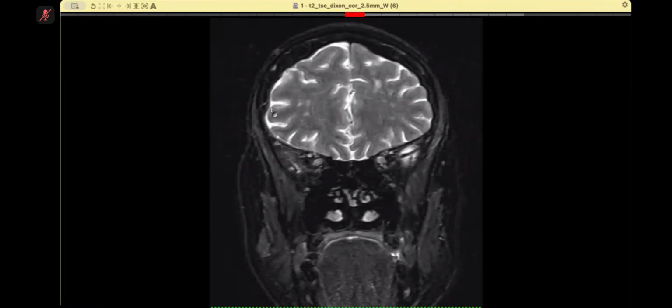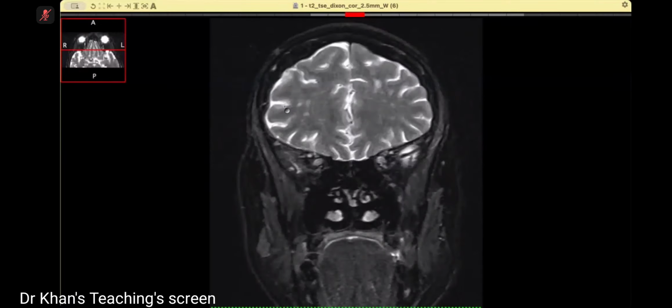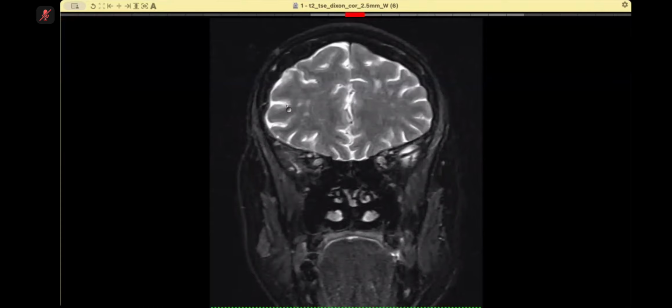Now she presented to the ophthalmologist with ptosis and third nerve palsy type of symptoms. There were also some signs of sixth nerve palsy and some headache. So they asked for an MR. My question to you, what kind of technique will you use for the MR in this scenario?